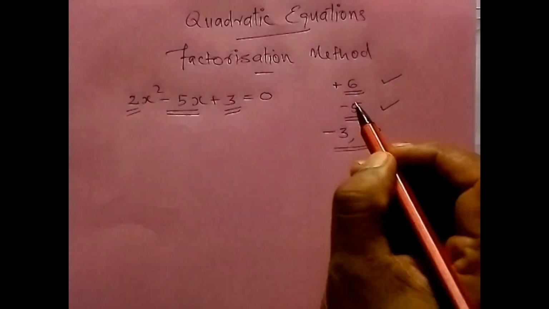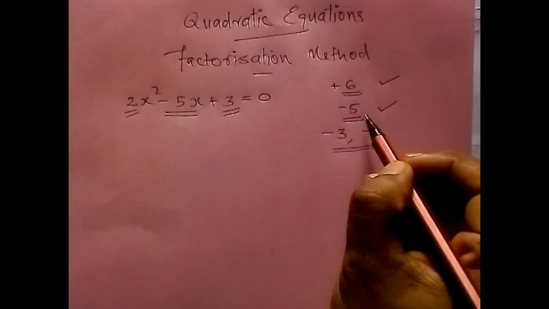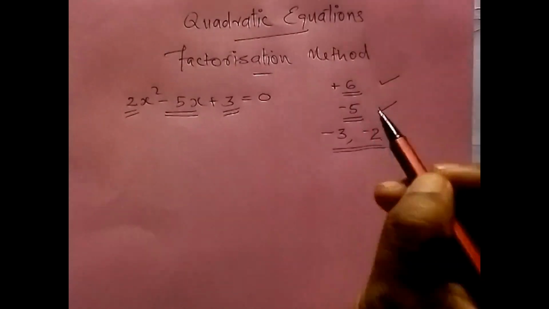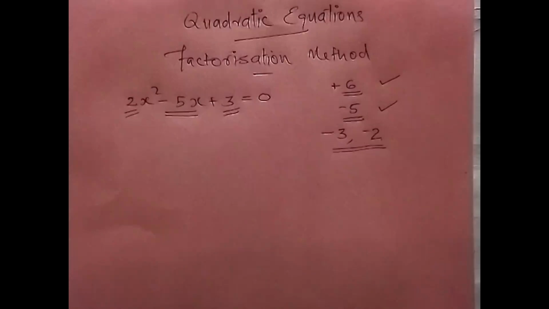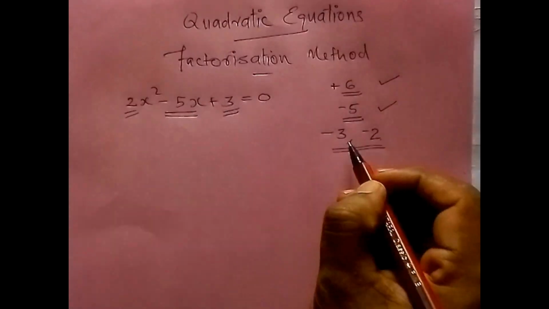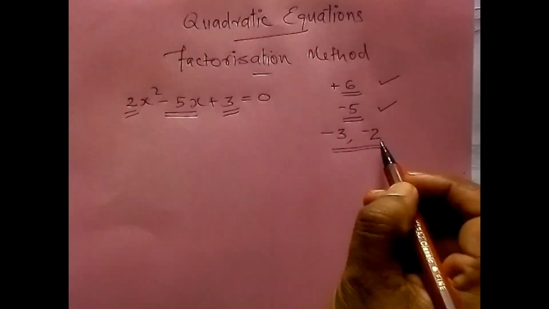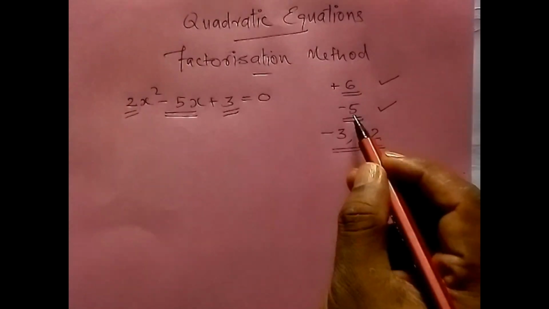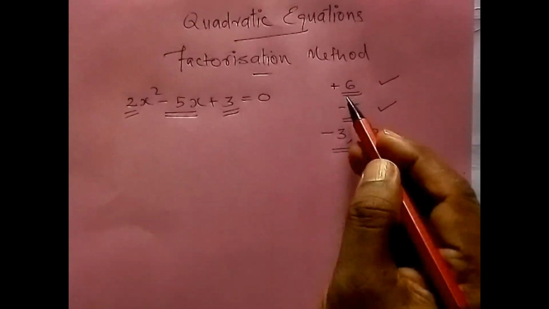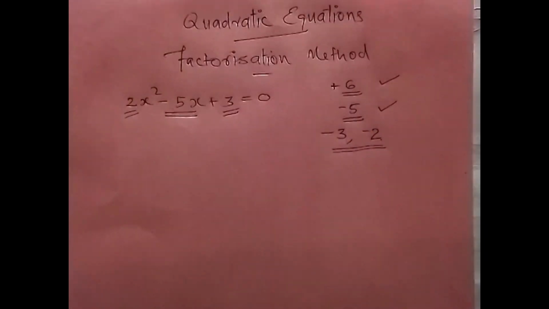Second thing, the sum of the numbers is minus 5. So the sum should be negative and both numbers should be negative, which means we have only one option: minus 3 and minus 2 add to minus 5, and the product is positive 6.